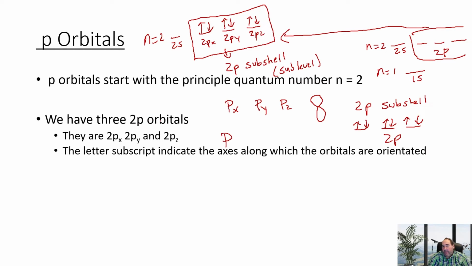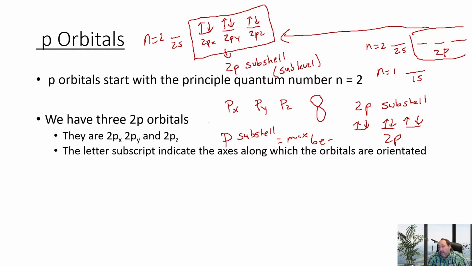So the p subshell can hold a max of 6 electrons. You do not have to necessarily fill up the p subshell completely with electrons, but if you did, you would have put in there 6 electrons, and we're going to talk about how to do that shortly. But a maximum of 6 to fill the subshell.